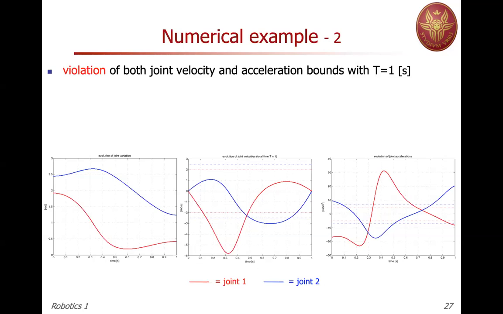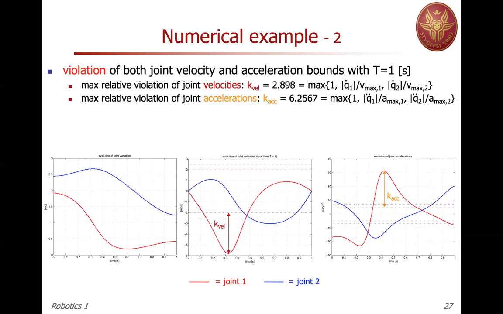Of course, these are symmetric limits, so you just compare the absolute value of this acceleration. And again, this will be a factor, but remember that this factor appears with a square term. So if you do this, with the relative maximum variation in velocity, you get a k value which is 2.898, which is the maximum between these three numbers.